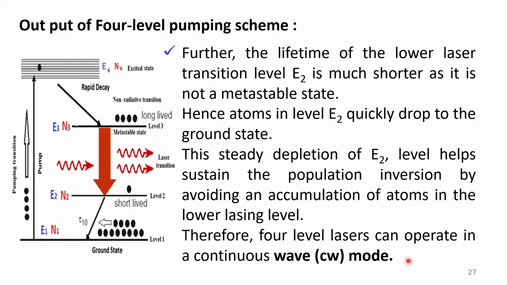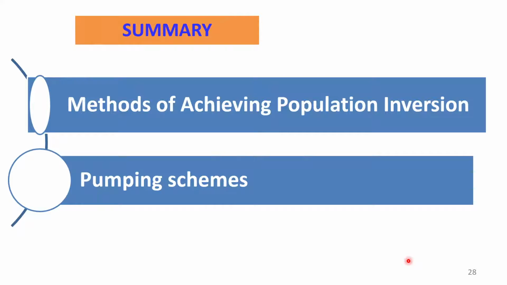So students, in this lecture we have seen the different methods of achieving population inversion and also the two pumping schemes, the three level pumping scheme and the four level pumping scheme.